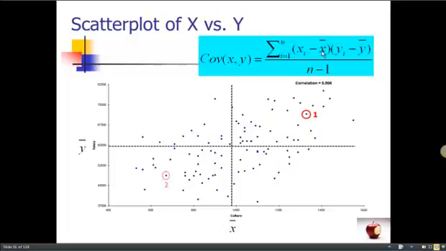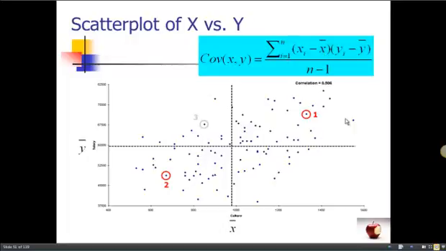What about point 2 down here? Its x deviation is negative because its x value is below x bar, and its y deviation is also negative. So in product, those two deviations are again going to have a positive contribution to the overall covariance.